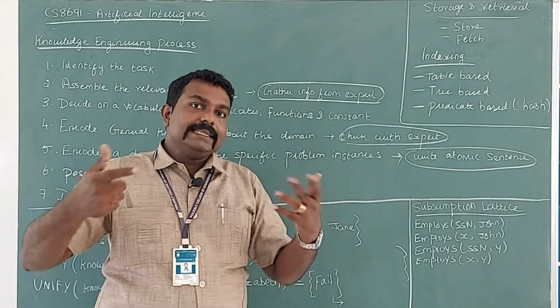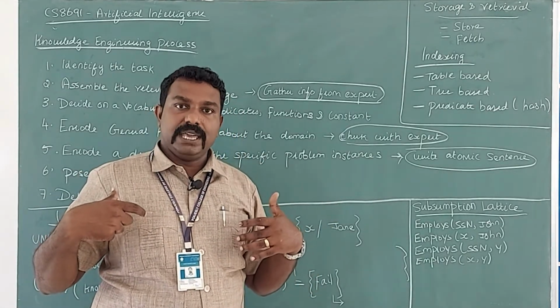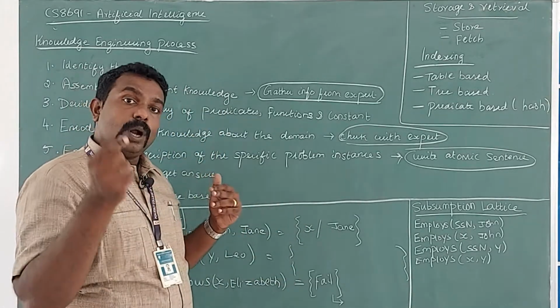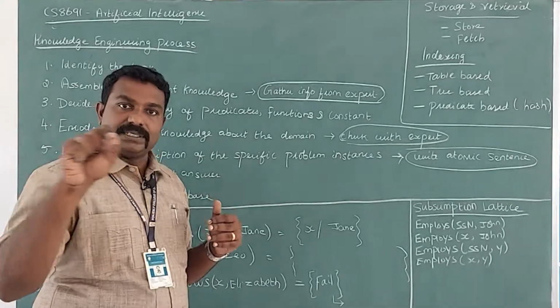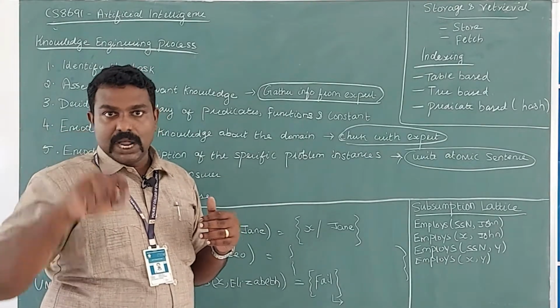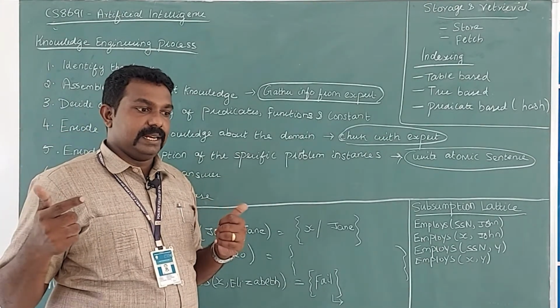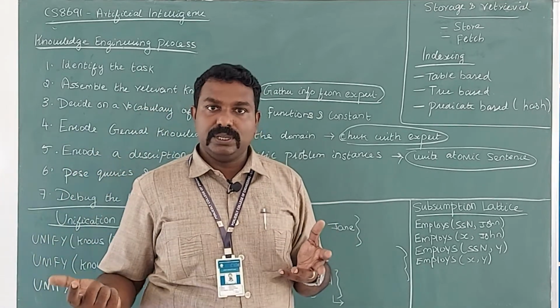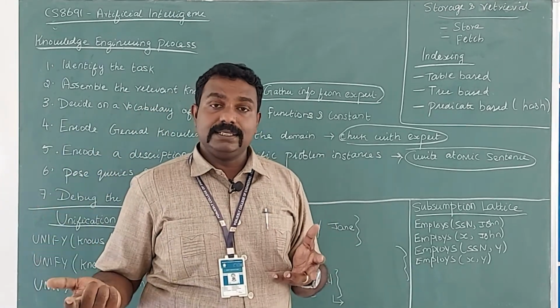After gathering the relevant knowledge with the help of the expert, you are deciding what are all the constants that are present in that particular knowledge base. If it is a college, you will have the principal, HODs, and faculties.